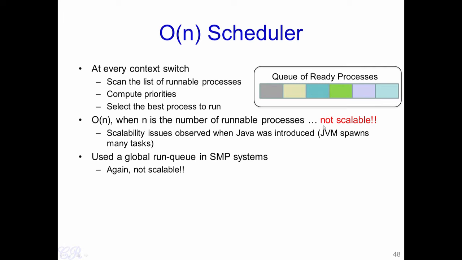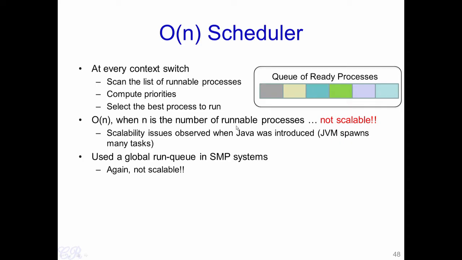It's not scalable because as n increases, that is, as more and more processes or tasks enter the ready queue, the time to make a context switch increases. Essentially, the context switch overheads increase, and this is not something which is wanted.